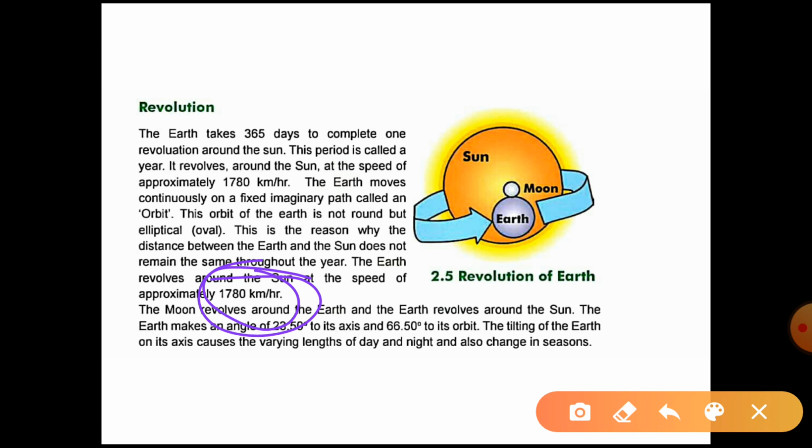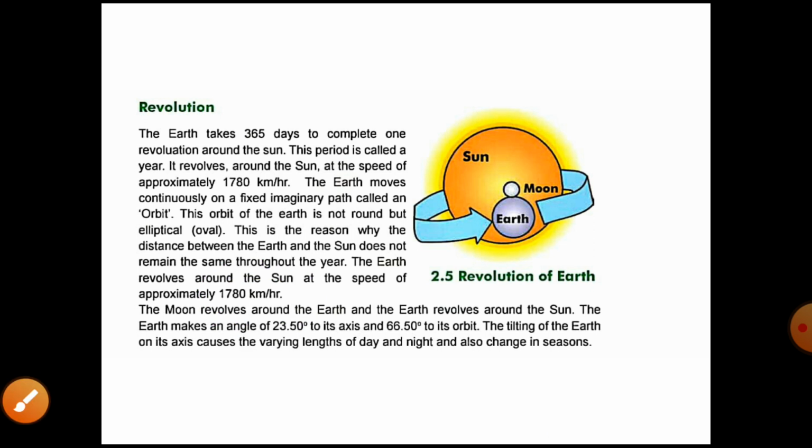However, while we are riding a bike, we cover around 50 or 60 kilometers per hour. Within 1 hour we can cover this much distance. In the same way, the earth will cover around 1780 kilometers within 1 hour while it is revolving around the sun.